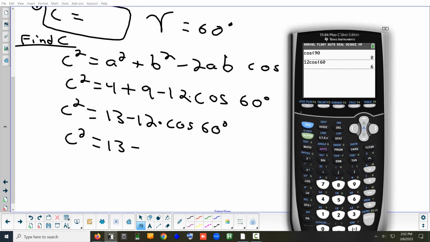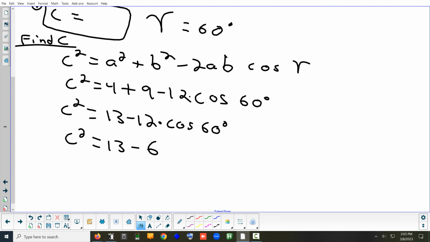That gives me 6. So what must the cosine of 60 have been? Yeah, it must have been 0.5. Because I got an answer of 6, and I multiplied 12 times something, and I got 6. So cosine 60 must have been 0.5.